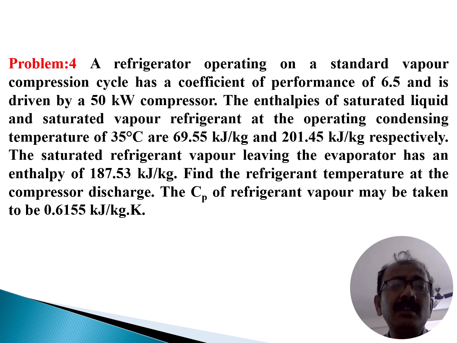The saturated refrigerant vapor leaving the evaporator has an enthalpy of 187.53 kilojoule per kg. Find the refrigerant temperature at the compressor discharge. The Cp of the refrigerant vapor may be taken as 0.6115 kilojoule per kg Kelvin.